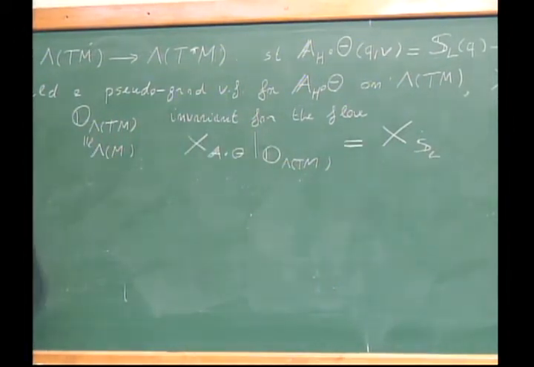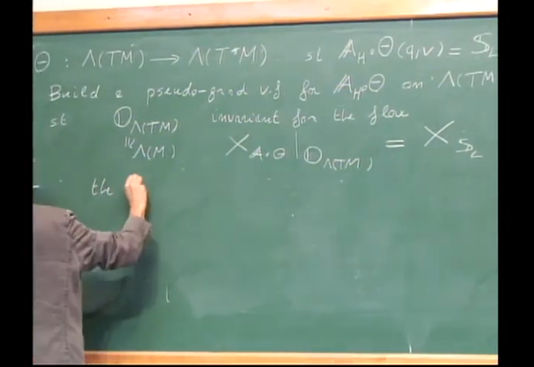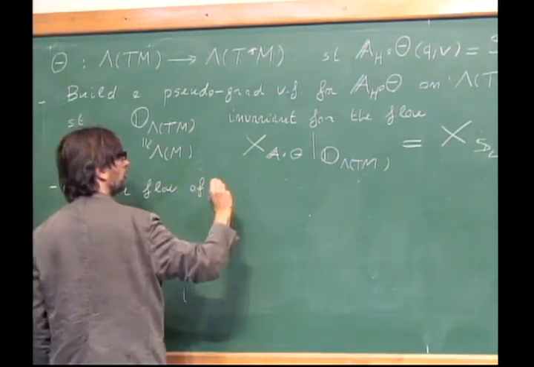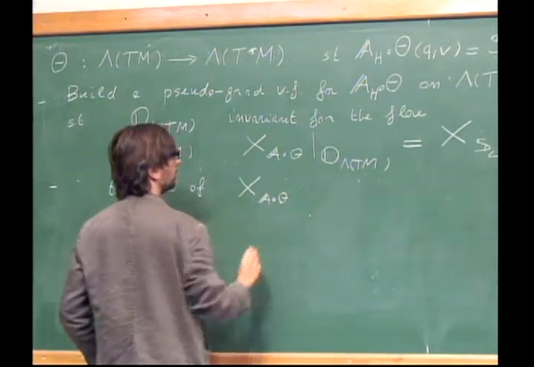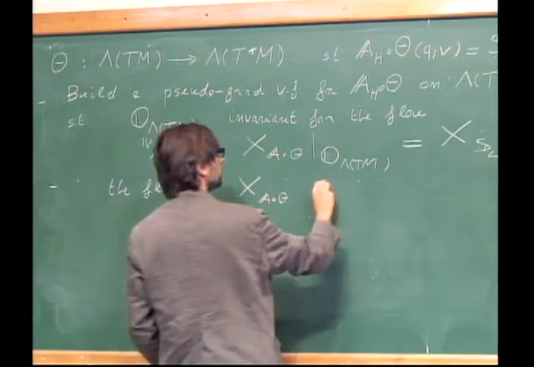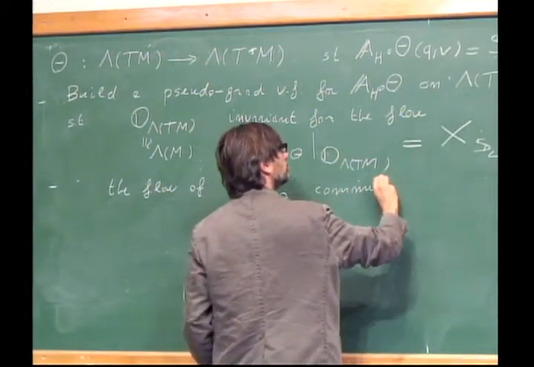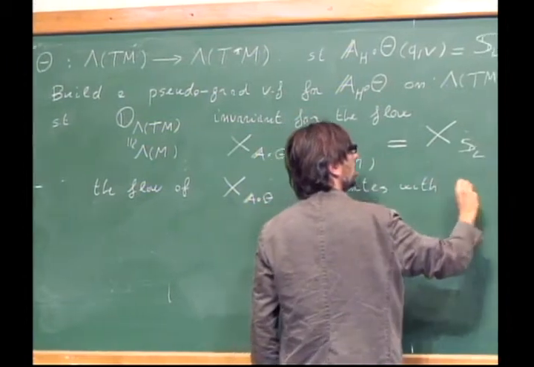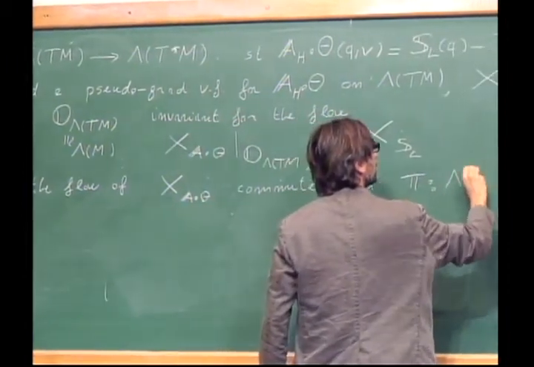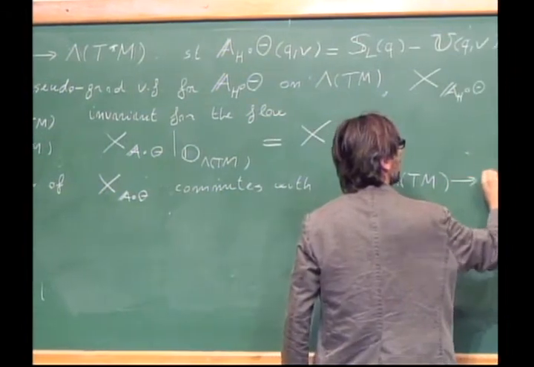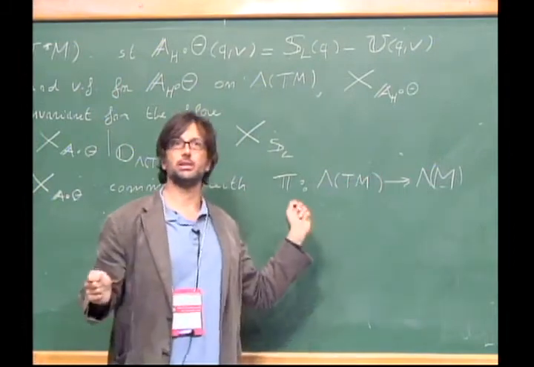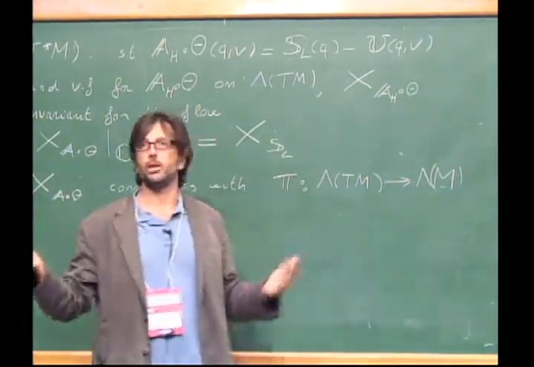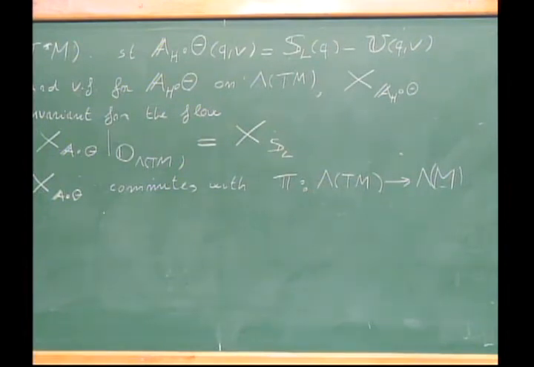The other assumption is that the flow of this vector field, A_H composed theta, commutes with the projection pi from Lambda TM to Lambda M. Here there will be many projections involved, from Lambda TM to Lambda M, Lambda T star M to Lambda M. I will always denote them by pi. There should be no danger of confusion.